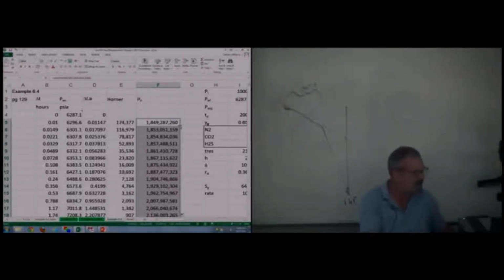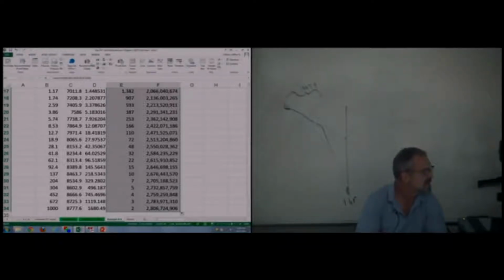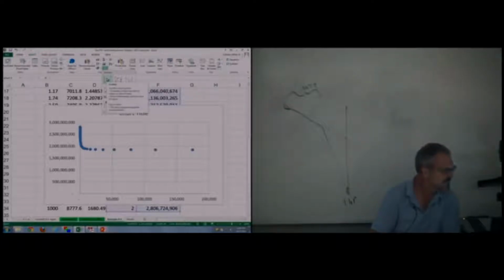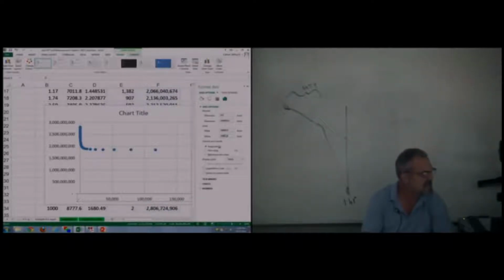Okay, I'm ready to plot Horner time versus pseudo pressure, so I'm going to insert a graph. Let me find it. Charts. Here we go. And it's a semi-log plot, so I'm going to take my x-axis and get a logarithmic scale.